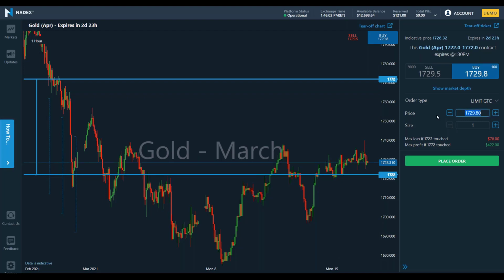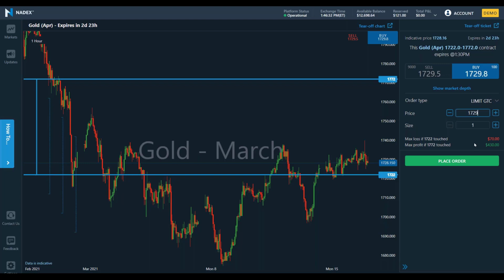If I were to buy one just below at 1729, and it were to go down to 1722, it's only down $7 an ounce. If I bought it and it were to touch 1722, I'd get knocked out. I would lose $70. If it were to go higher up to 1772, I would get knocked out for maximum potential profit of 430. And remember, my capital requirement, whether I'm buying or selling, is the most I stand to lose.